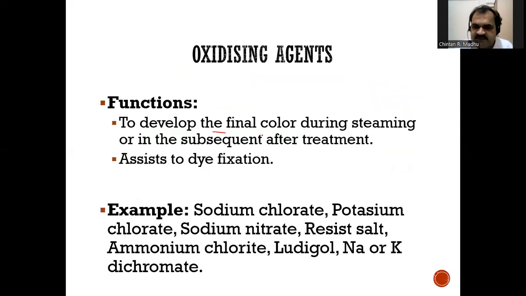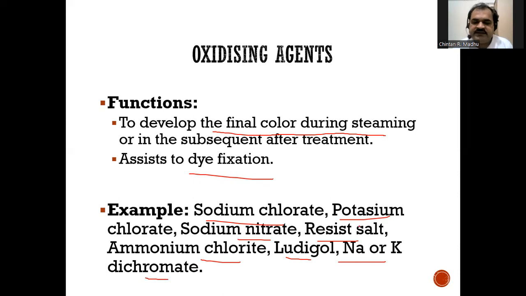So to develop the final color during steaming, of course, what we had seen, or for dye fixation: sodium chlorate, potassium chloride, sodium nitrate, resist salt, ammonium chloride, ludigol, sodium or potassium dichromate. Resist salt and ludigol are both the same chemical, but the name is given by their company, and both are also known as mild oxidizing agents.